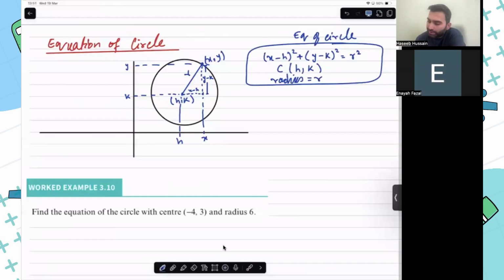Now, if you open this equation, x square minus 2hx plus h square, plus y square minus 2ky plus k square equals r square, isn't it?